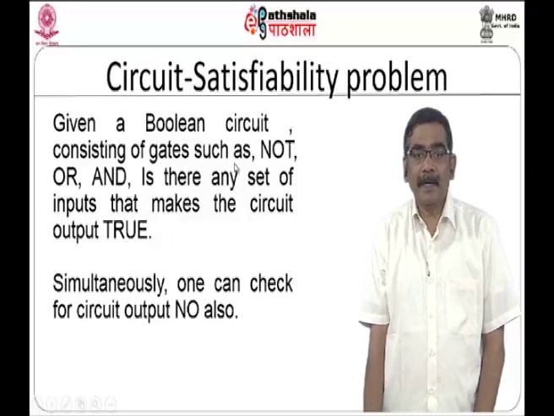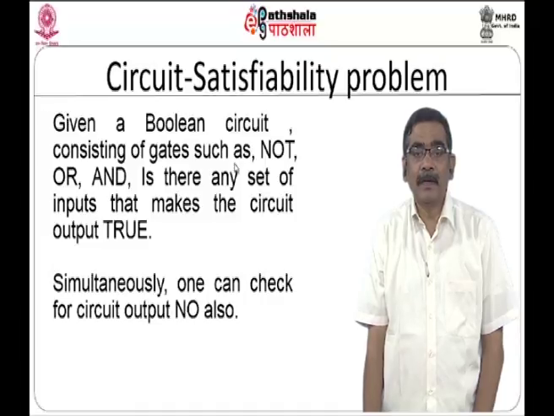Fine. What are the complications? Suppose, let us say, only 3 variables are involved, the solution is quite easy, because all we have to do is generate 2 power 3 inputs and we can formally verify the output. If the number of variables becomes 4, then the total number of inputs becomes 16.